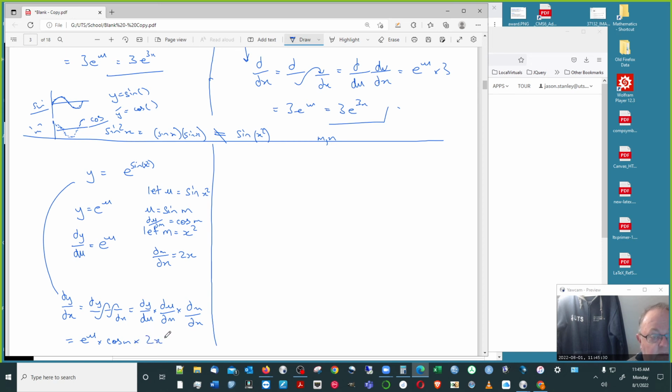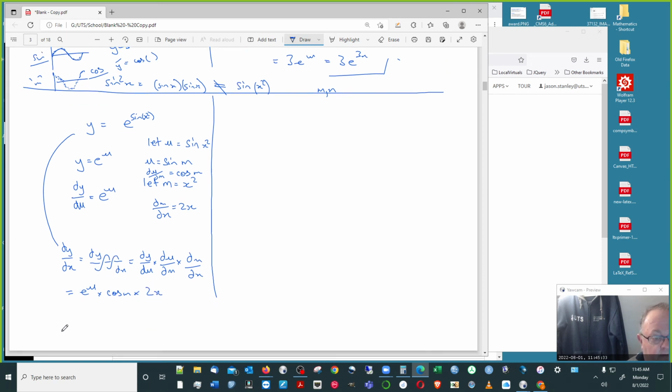Now you can see it happens fairly quickly, right? That all of a sudden you've got a lot. You've got to put your things back in. So we've got 2x e to the sine x squared cos x squared. And that's the result of your chain rule.